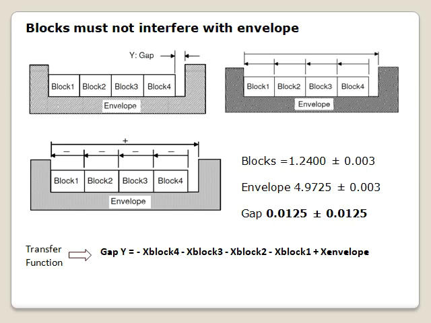Block must not interfere with envelope. This is a very simple example where you can understand how it works. The picture over here which I am trying to highlight is an assembly where one envelope is there, four blocks are there.